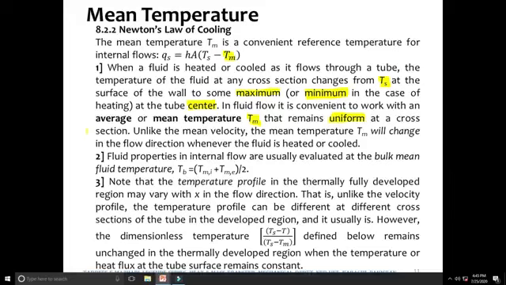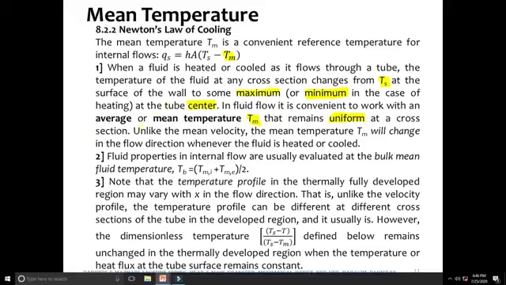So therefore, the mean temperature at one location will not be the same as the mean temperature at any other location. If Ts is greater than T infinity, then the fluid will get heated up, and if Ts is less than T infinity, then the fluid will cool down. The point that I am trying to make is that Tm will change. It will not remain constant from location to location.